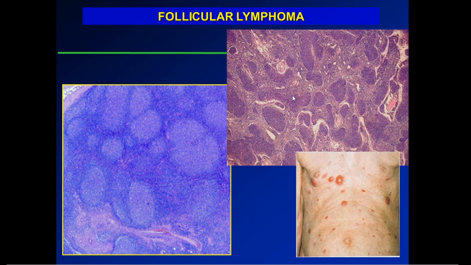Classically, follicular lymphoma also affects lymph nodes, but also follicular lymphoma has an extranodal variant, and primary extranodal follicular lymphoma classically affects skin.